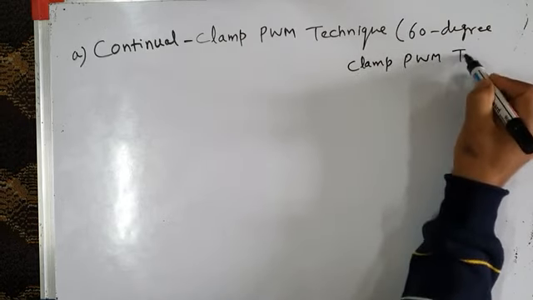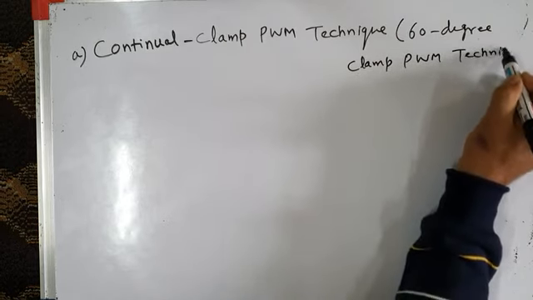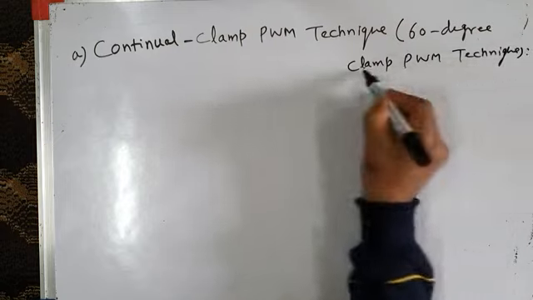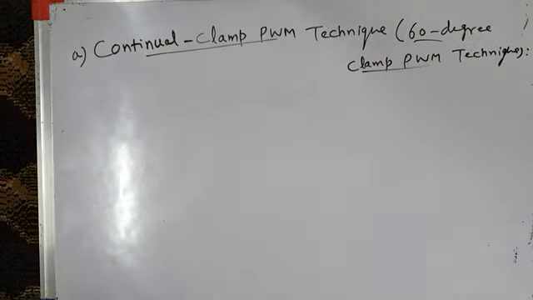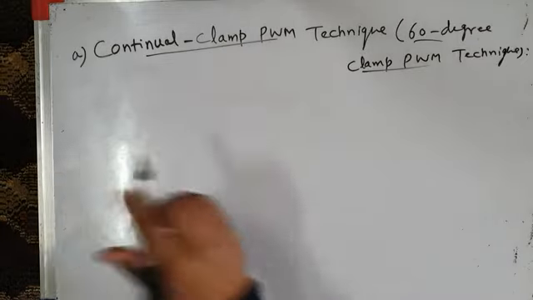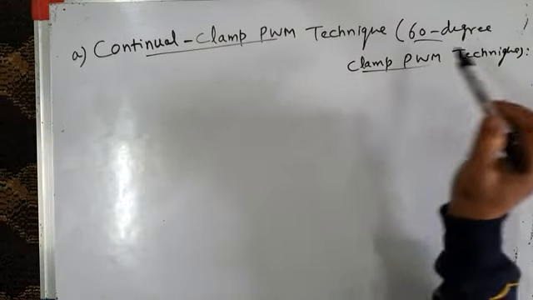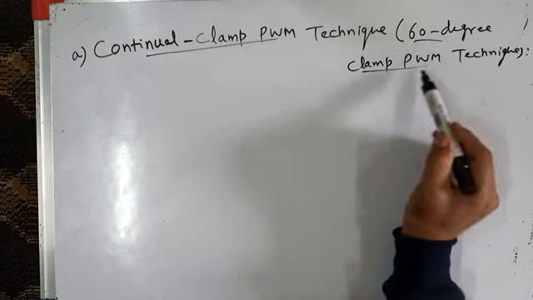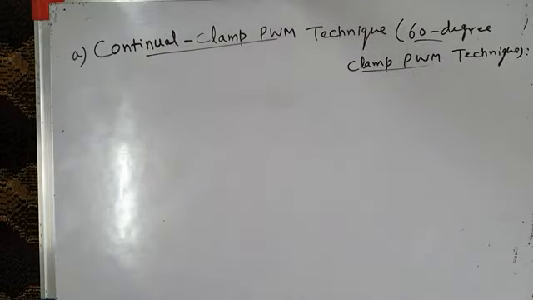That means a particular phase leg is clamped for 60 degrees. That's why it's called the 60-degree clamp PWM technique. I am going to discuss this continual clamp PWM technique, which is also called the 60-degree clamp PWM technique, with you today.